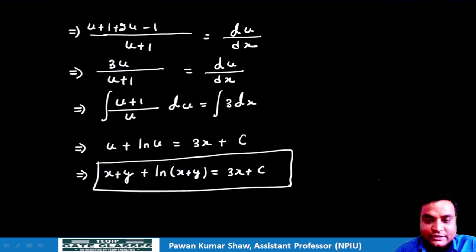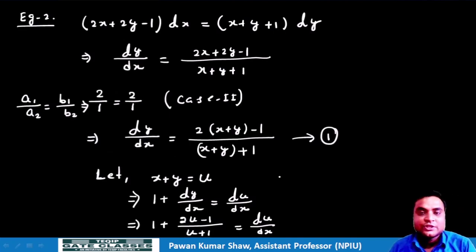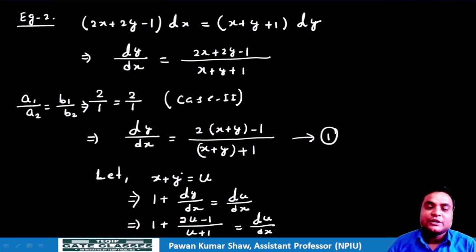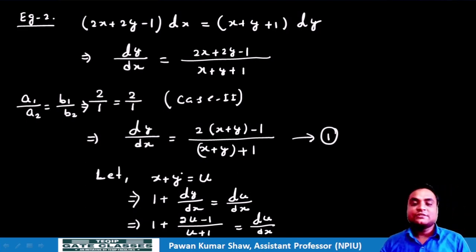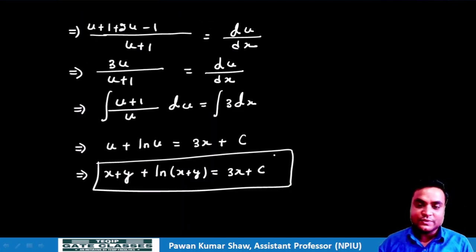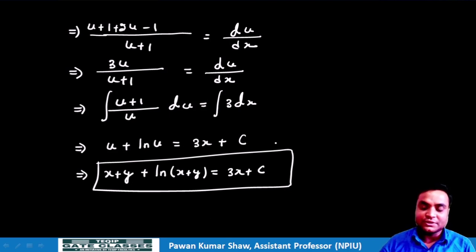This is another type of differential equation, where our differential equation is non-homogeneous form, and if the ratios of the x and y coefficients in the numerator and the denominator are equal, then we can do some substitution and convert it into separable variable form to find our general solution. So this is our general solution, where c is our arbitrary constant.